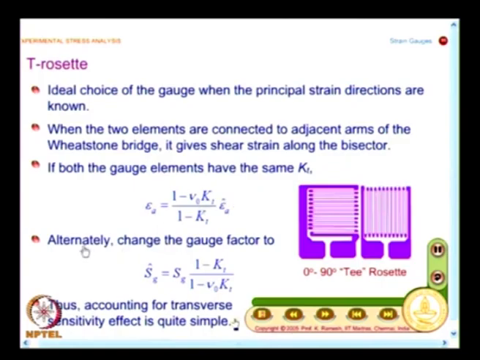Alternately, change the gauge factor: Sg cap is given as Sg into (1 minus Kt) divided by (1 minus nu naught Kt). So, you have a via media.